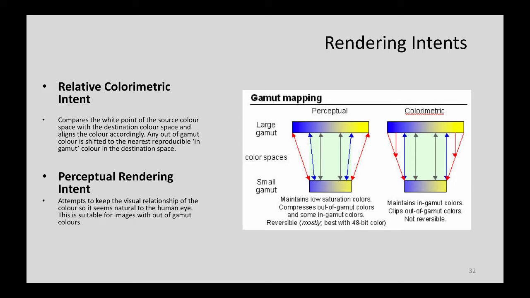What it does is it provides the printer with a different set of data, and it attempts to create the same color through a different set of color numbers. So perceptual is a way of attempting to print out of gamut colors. Now sometimes it might be just a change of paper stock that will make the difference between in and out of gamut color with your printing.